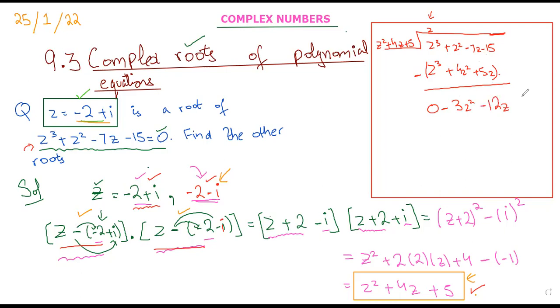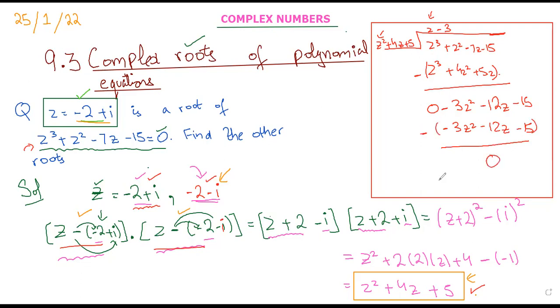And minus 15 is going to come here as it is. Now what do I multiply with z square to get minus 3z square? Minus 3. Excellent. So minus 3 into z square gives minus 3z square, minus 3 into 4z is minus 12z, and minus 3 into 5 is minus 15. And I am going to get 0.